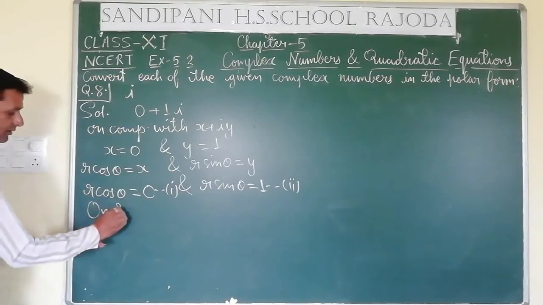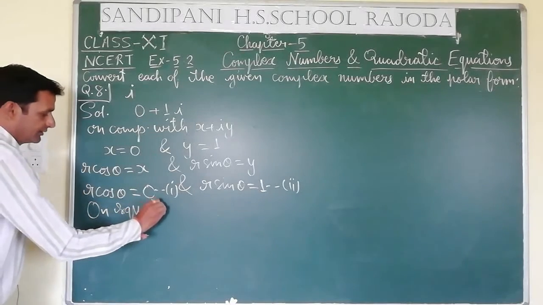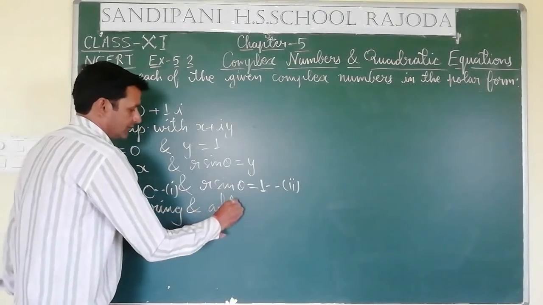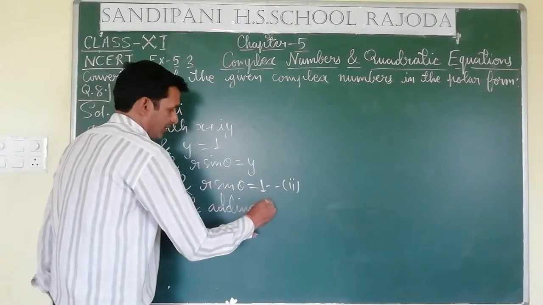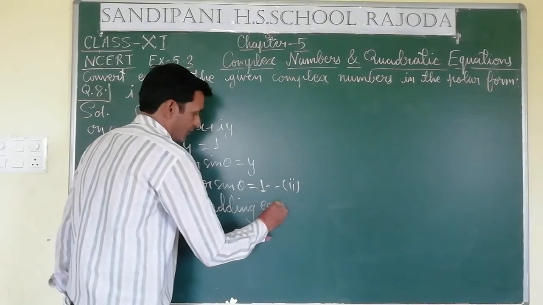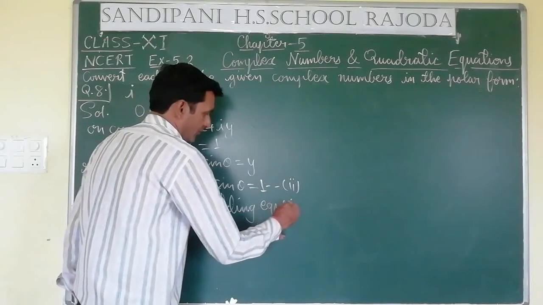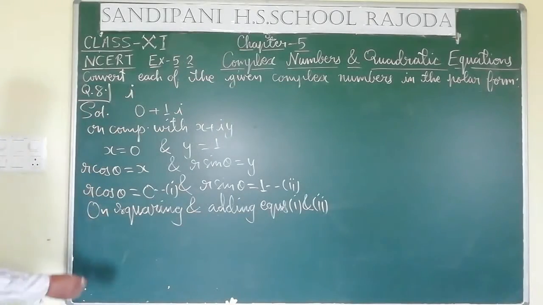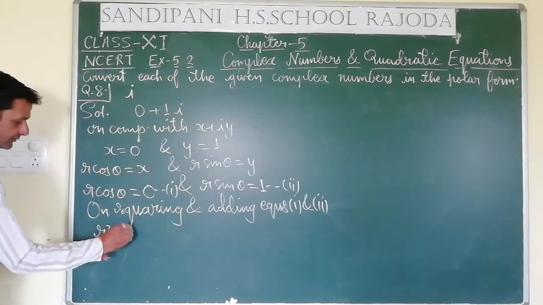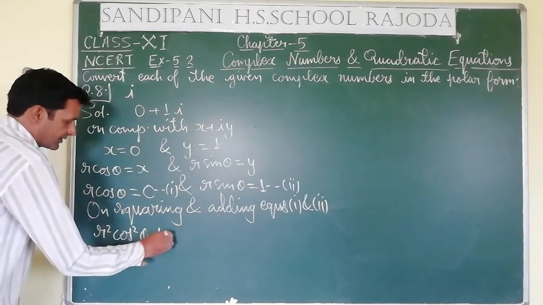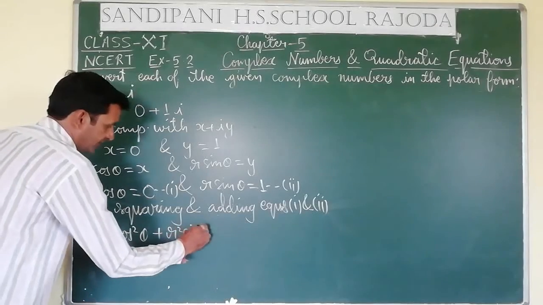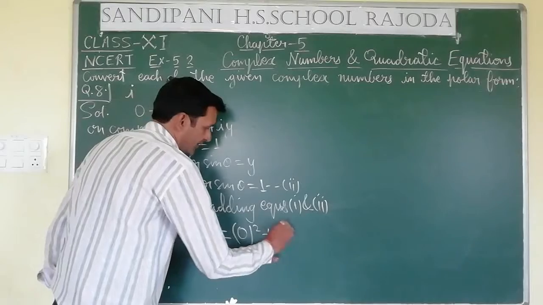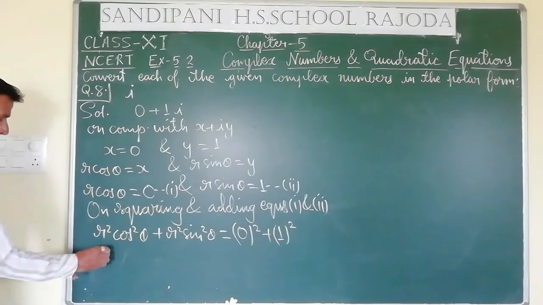On squaring and adding equations 1 and 2, this will become r square cos square theta plus r square sin square theta is equal to square of 0 plus square of 1. So r square is taken common.